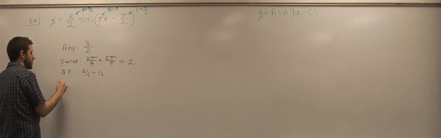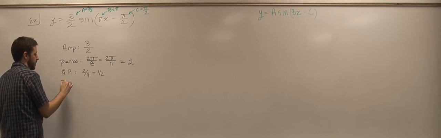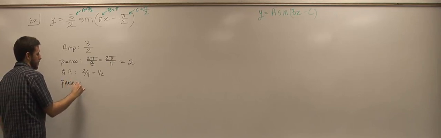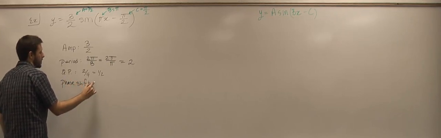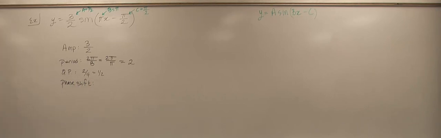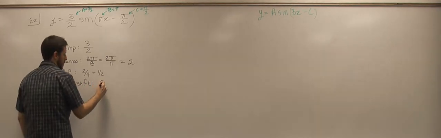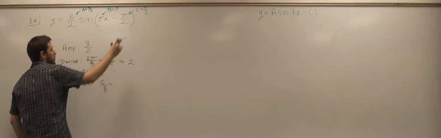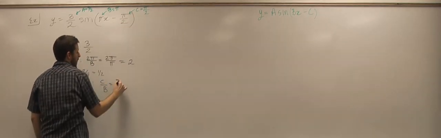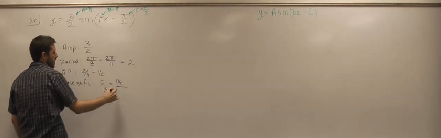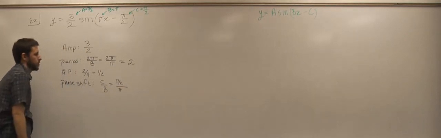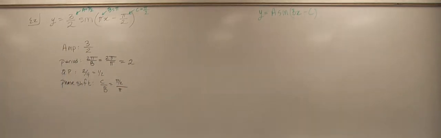Last but not least, my phase shift. What's the formula for phase shift, remember? C over B. So you take this pi over 2 and divide it by pi. C is pi over 2, B is pi.